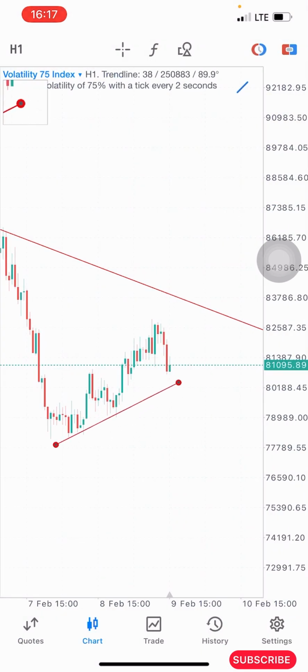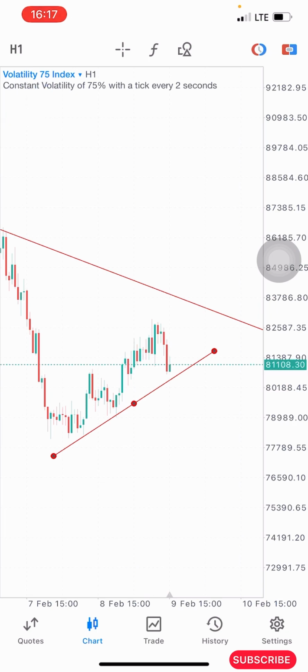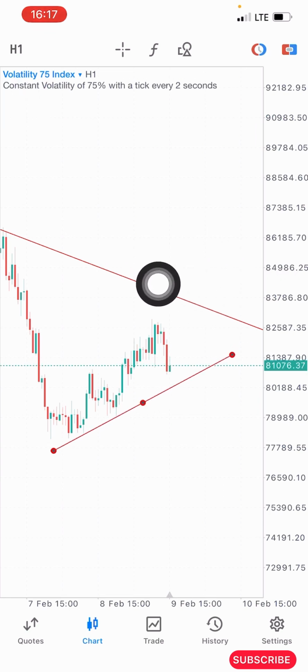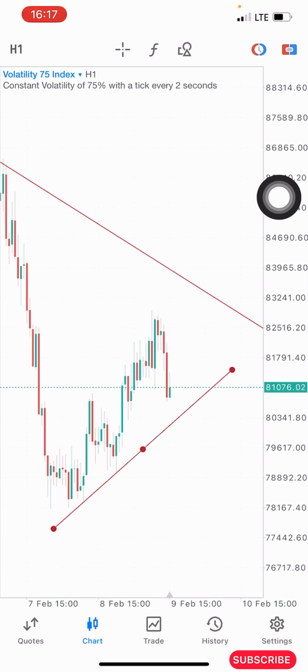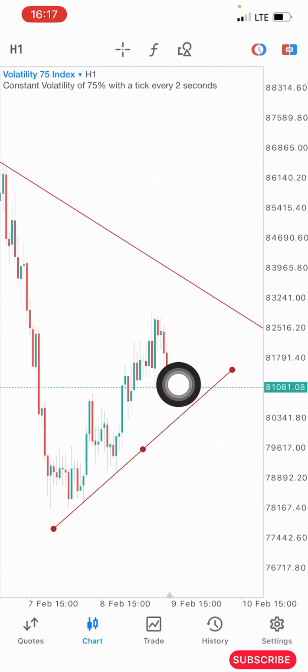So I'll mark out this area here to give us the trend that is going in the opposite direction, to help us identify the upward trend going against the major trend, which is a downtrend. This trend here is going against the major trend, which is the upward movement.